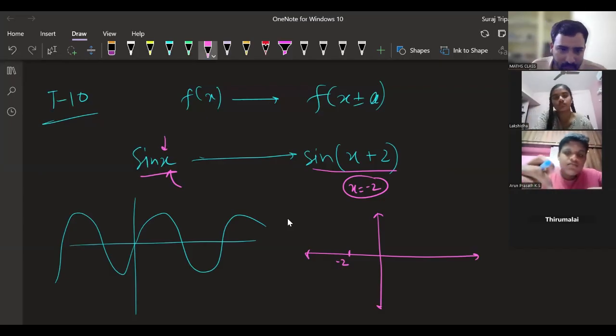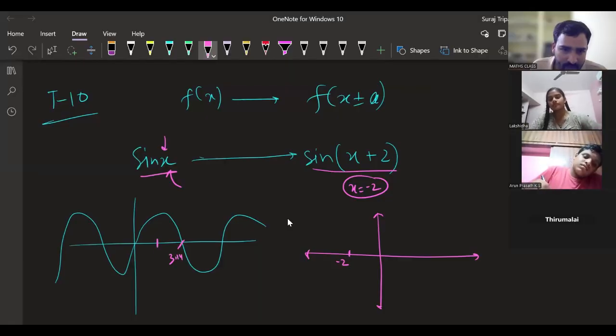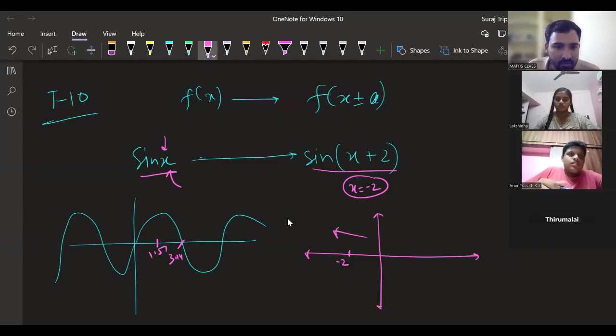The whole graph will shift towards the left side. As you know, this point is 3.14, and this point is 1.57. So we are shifting the whole graph by the number 2, towards the left side. Previously it was 1.57, and this was 3.14.